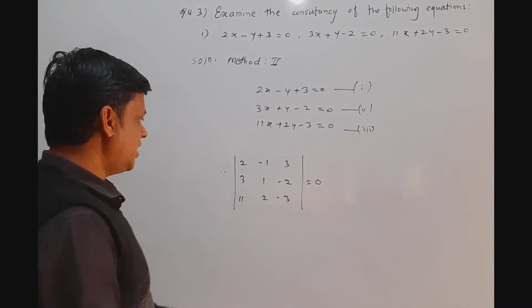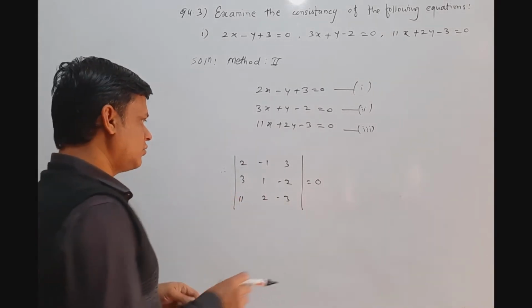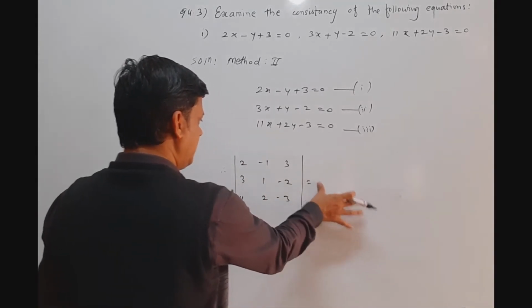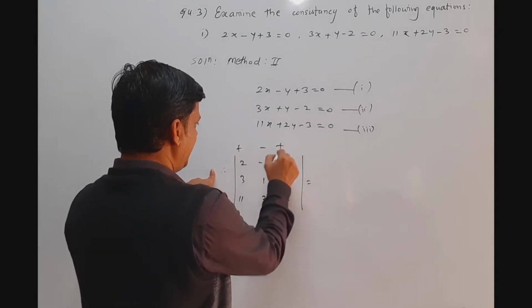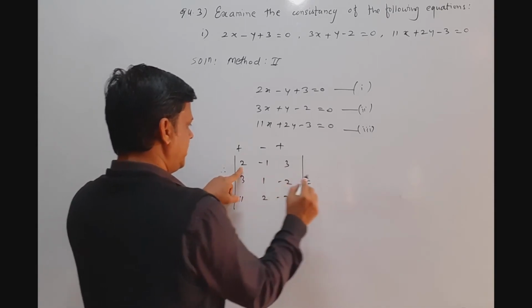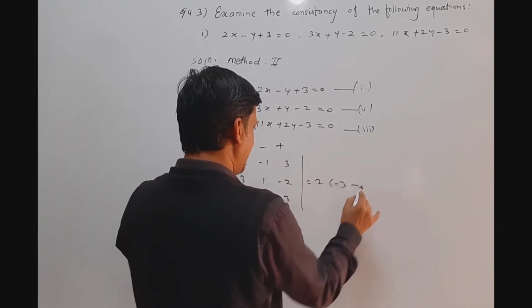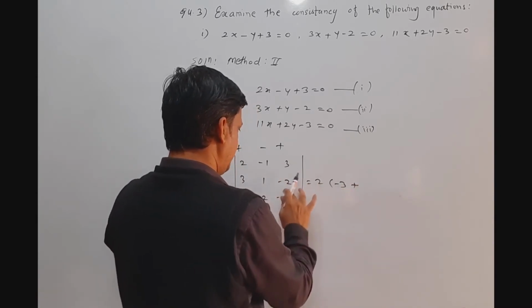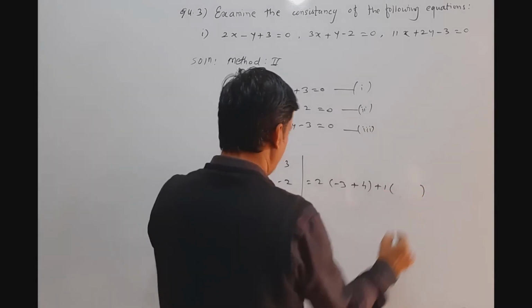That means we have to check whether the value of this determinant equals 0 or not. So for that we calculate the value of this determinant. So write here plus minus plus. So write here 2 in bracket. 1 into minus 3 is minus 3. Minus minus gets plus, 2 into 2 is 4, then minus minus gets plus 1, so plus 1 in bracket.